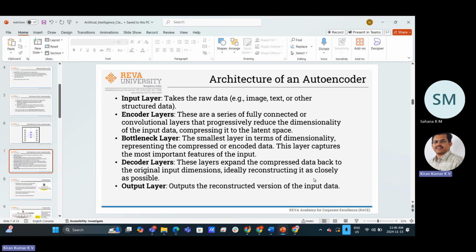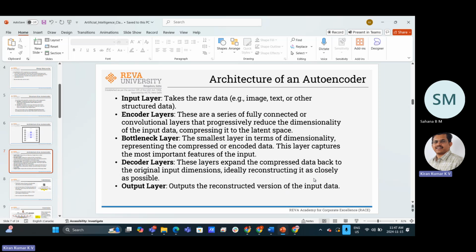When you coded an example, what are the layers present there? It contains dense layers mainly.